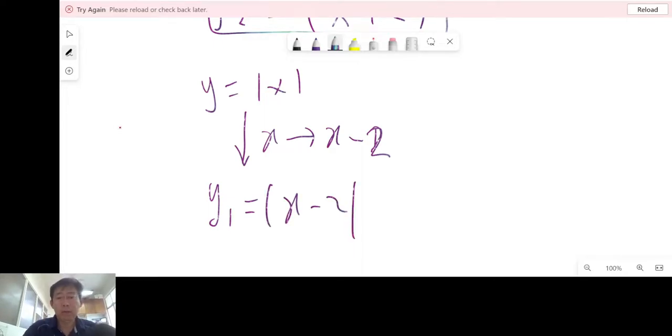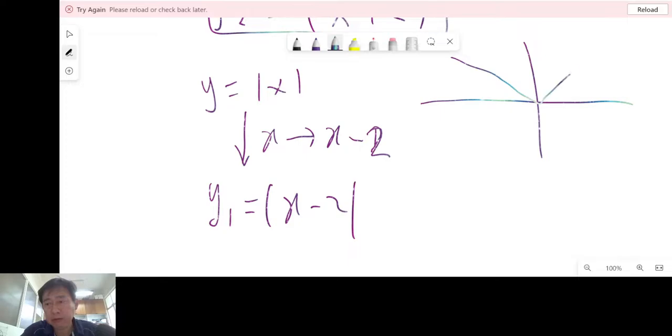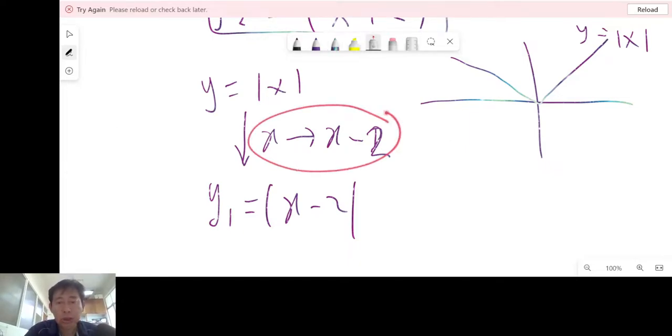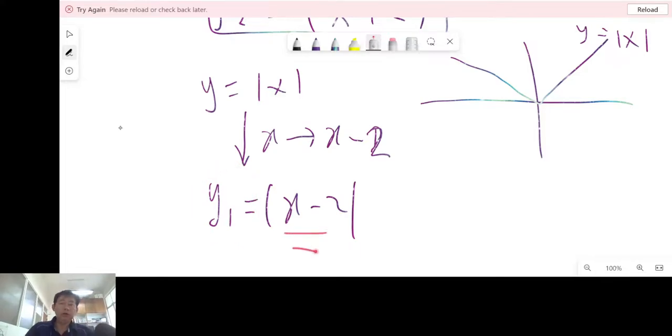So this operation can be represented on a graph. This is a graph of the absolute value of x, and I'll call this y. After you perform the operation, you get a new function y1, which is shifted to the right by 2 units.